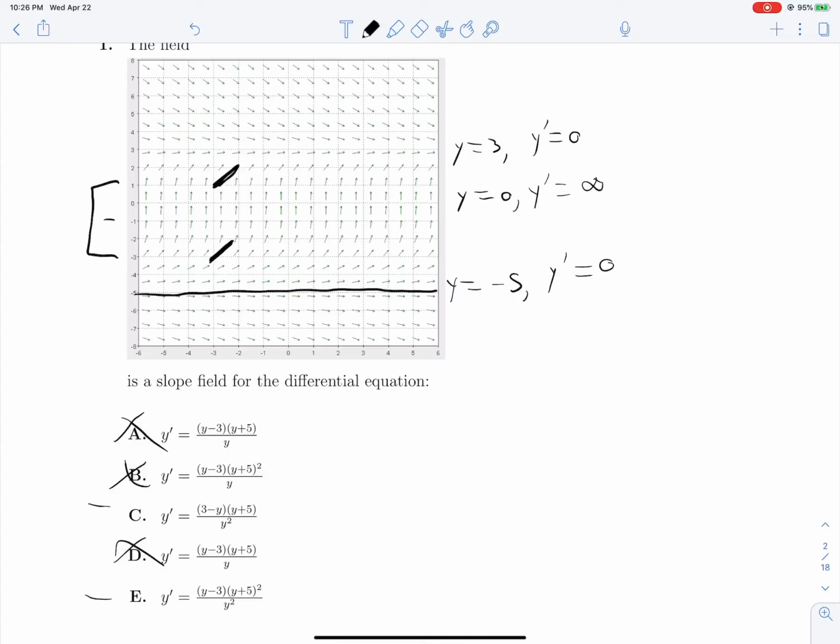And I know for a fact also, by the same argument, that E is not a solution, because this y plus 5 squared term should be semi-stable, just like 0 is. And we see that, in fact, it is not. It is unstable. We have solutions flowing away from it on both sides. So that leaves us with C, and you can go through and check yourself its behavior for all 4 of the domains that we really care about.